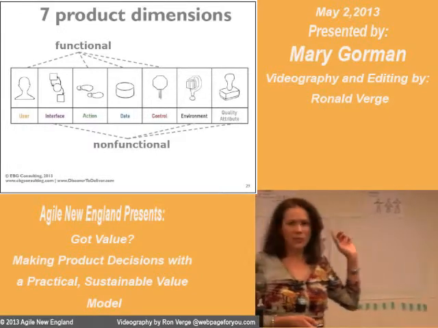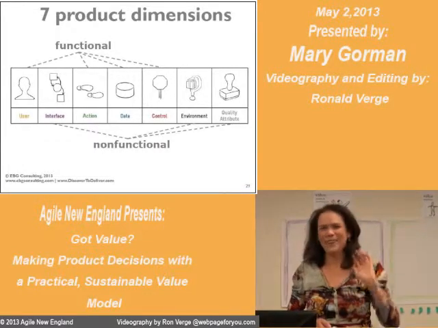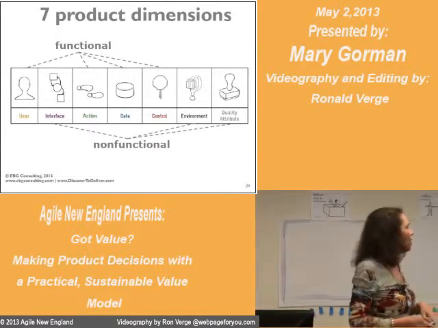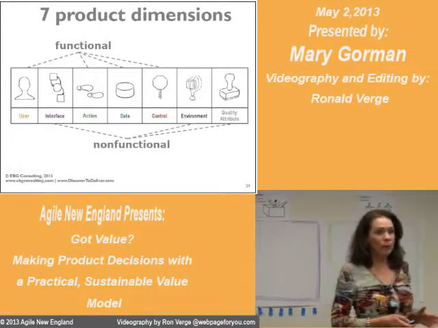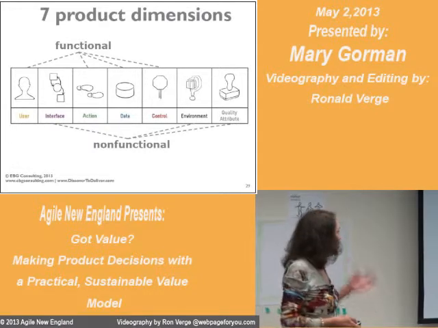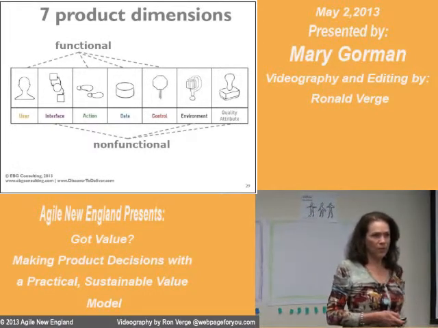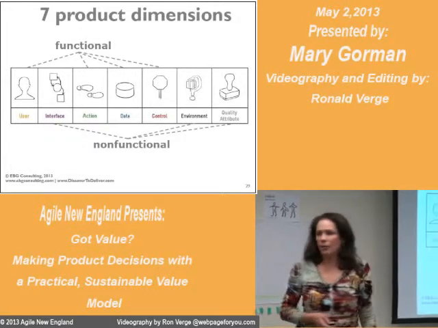Has anyone seen this lineup before? Okay, I won't put you on the spot to share that, Eric, but I'll just quickly go over that. There's always a user for a product, and the user could be a person or another system. There's the interface that's needed for the user to actually interface with the product itself. There are actions.